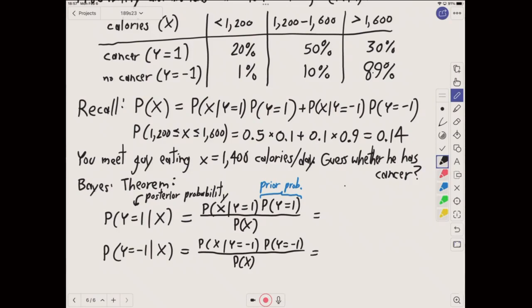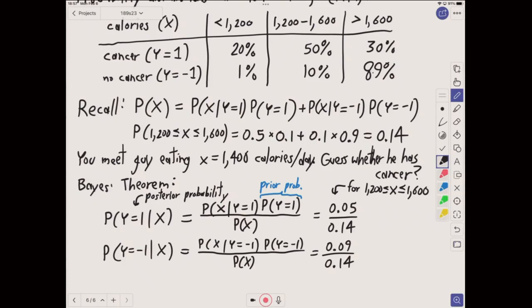All right, so let's put some numbers to this. Specifically, we're just going to look at the case where the calorie intake is somewhere between 1,200 and 1,600. Plugging the numbers from the table into these formulae, you get that the probability of having cancer given 1,400 calorie intake is 0.05 divided by 0.14, and the probability of not having cancer is 0.09 divided by 0.14.